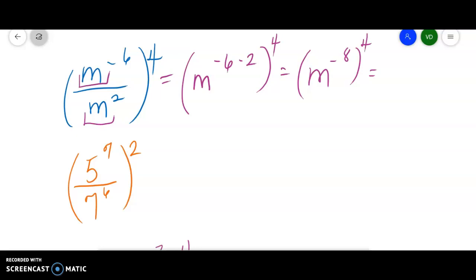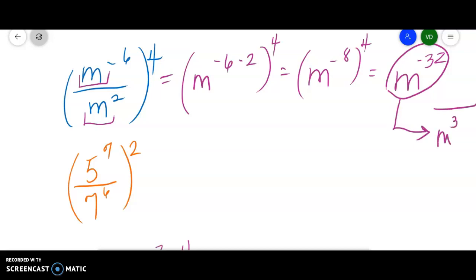So then that is M to the negative 32. Is that right? I just want to make sure I did that right. Yes, I'm sure. So then if I'm rewriting without negatives, remember that's the one that drops below the fraction. So it becomes M to the positive 32, 1 on top, final answer.